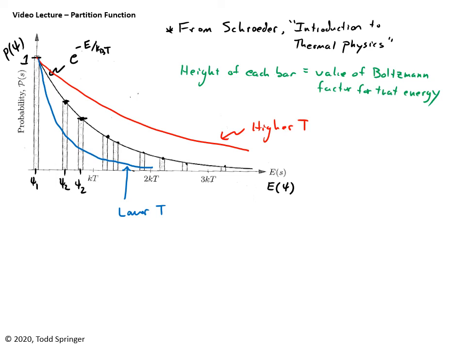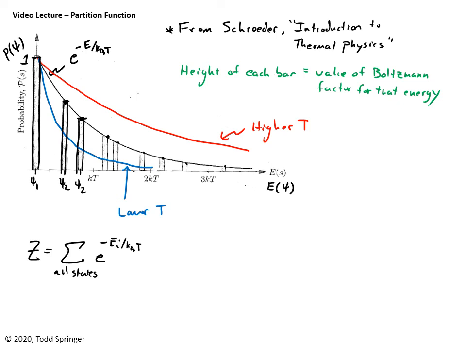Now, what is the partition function, Z? It's the sum over all states of e to the minus E_i over kBT. So basically what I would have to do is add up the heights of all of these bars over all of the possible states. So one way to calculate the partition function geometrically would be to take each of these bars and stack them on top of each other.